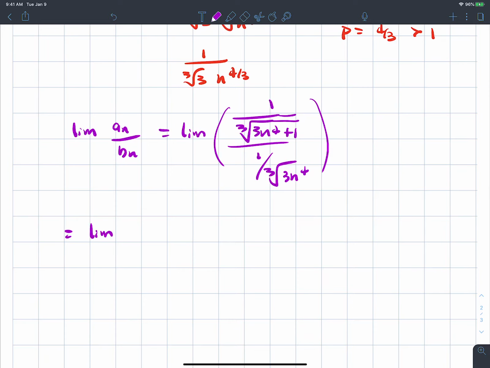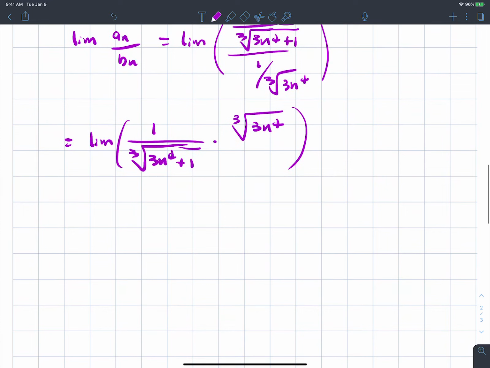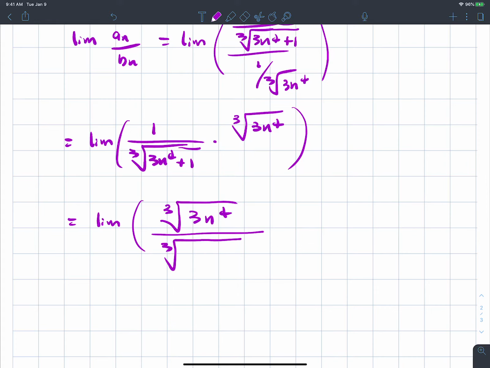And that's the limit of 1 over the cube root of 3n to the fourth plus 1 times the cube root of 3n to the fourth, which is the limit of the cube root of 3n to the fourth over the cube root of 3n to the fourth plus 1.